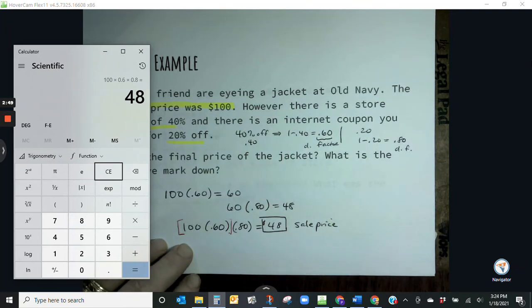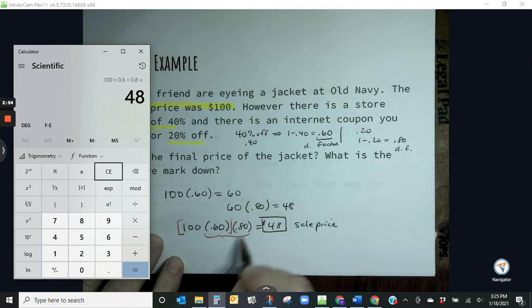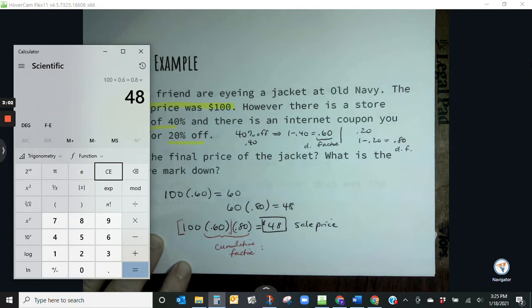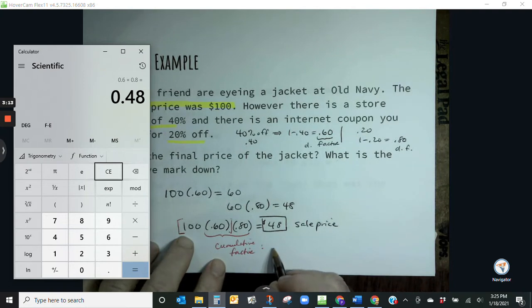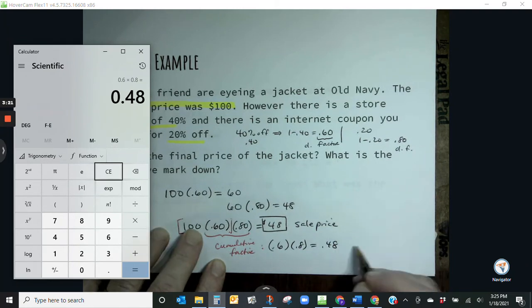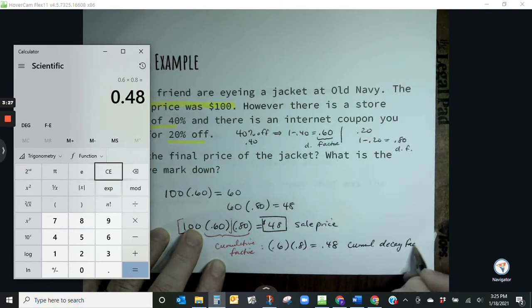What that does for me is that these two together are my cumulative factor. So 0.6 times 0.8 is 0.48. That's my cumulative decay factor.